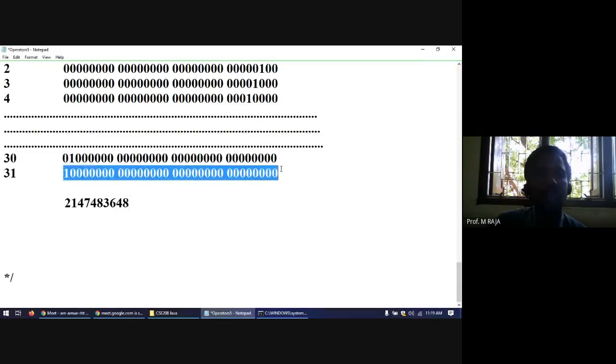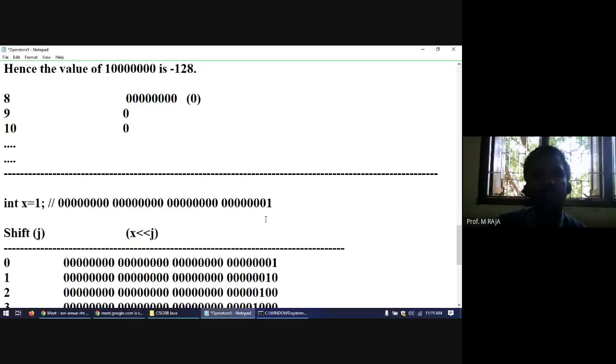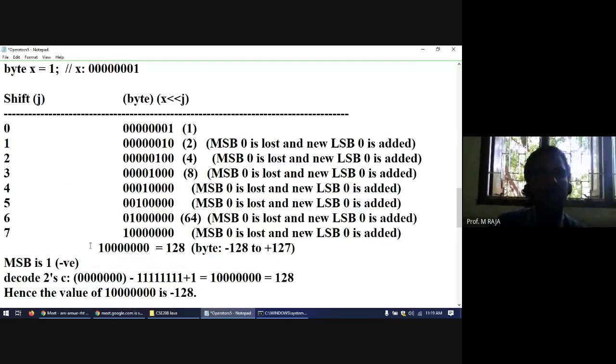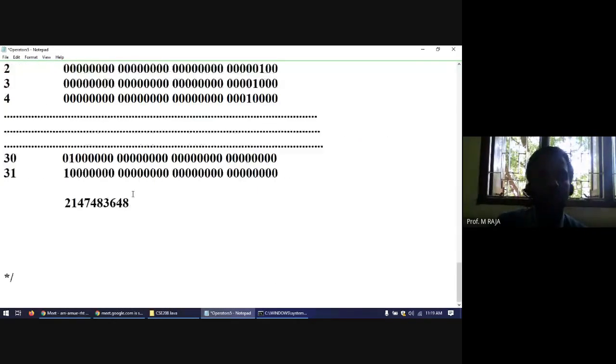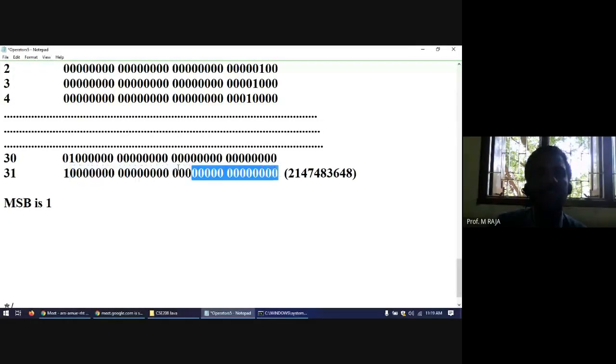But actually here, as we discussed earlier with respect to byte value, MSB is 1. This is the actual value. What is MSB? MSB is 1. This indicates that the remaining bits are available in 2's complement format. So to find the equivalent integer, you have to decode it using 2's complement.